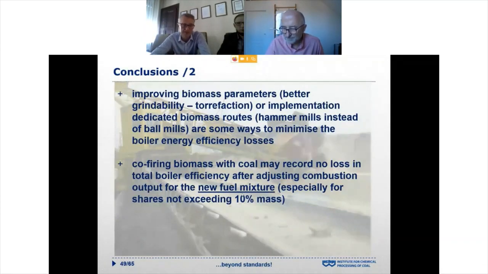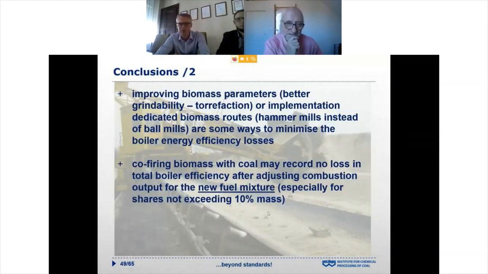But when you optimize it, when you adjust your combustion, when you adjust the injection of water to the steam, when you optimize the boiler, then it's even possible for the boiler to combust 10% mass of biomass and no efficiency loss is observed. So there is really a big change between trial testing and after some optimization, when you combust the same share.